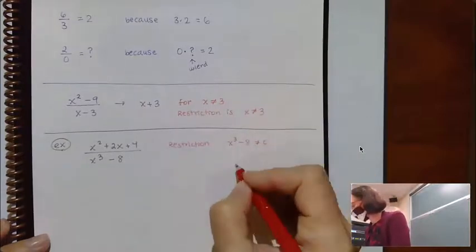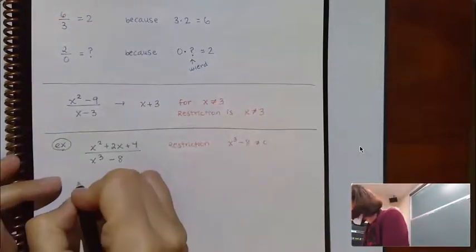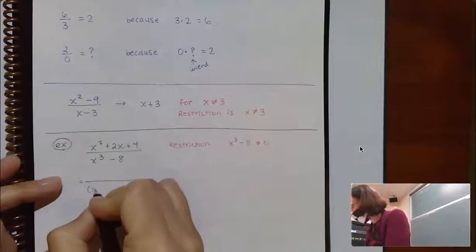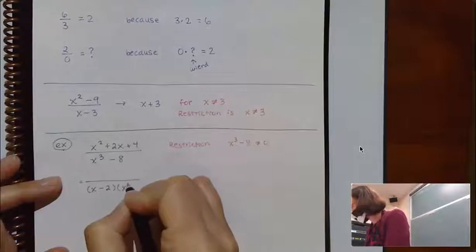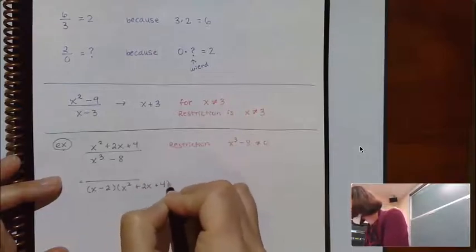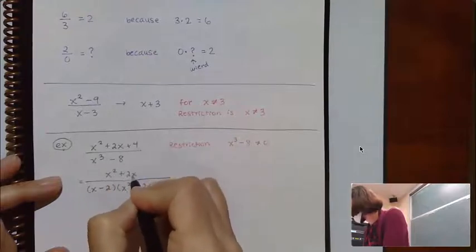Well, luckily I gave us something that factors. X cubed minus 8, that's one of our special factors. So that x cubed minus 8 is going to factor as x minus 2 times x squared plus 2x plus 4. And then on top we had x squared plus 2x plus 4.